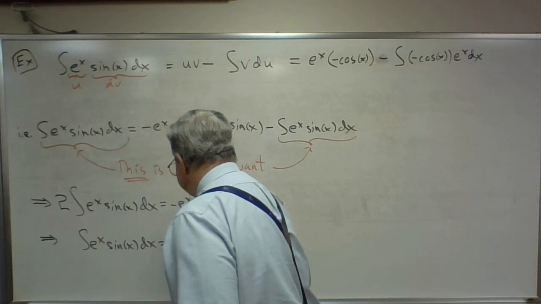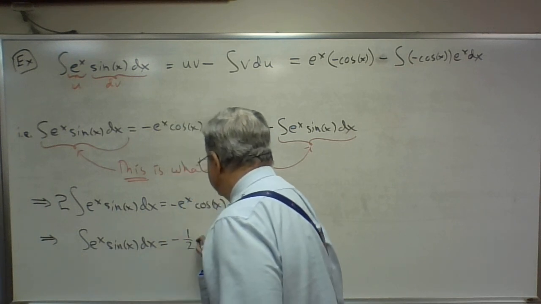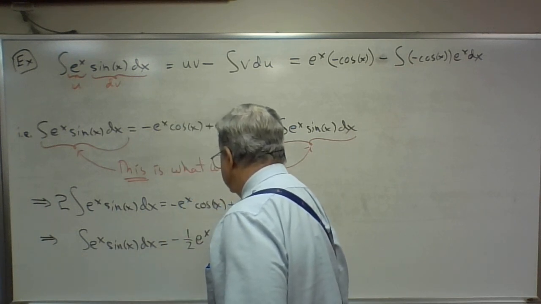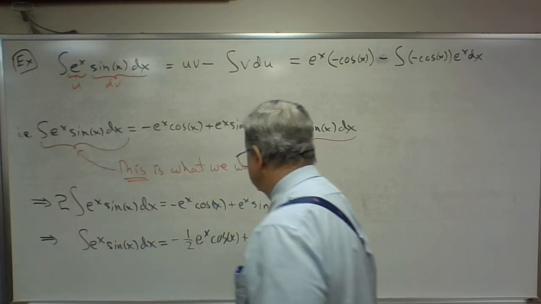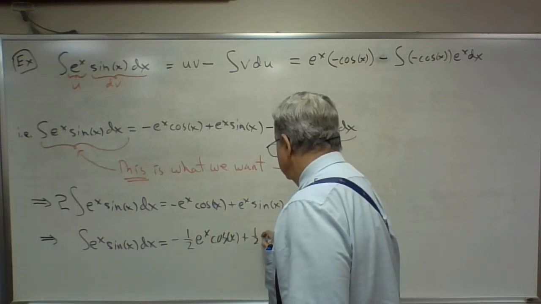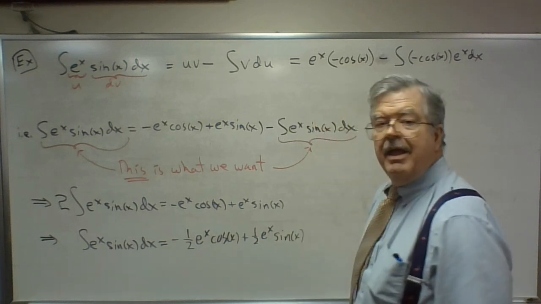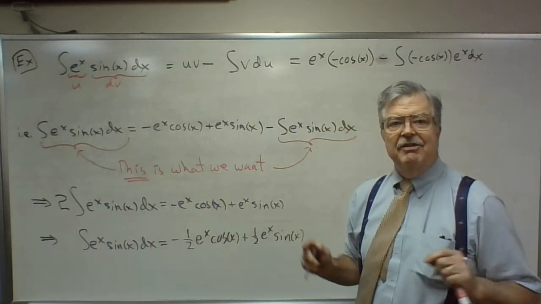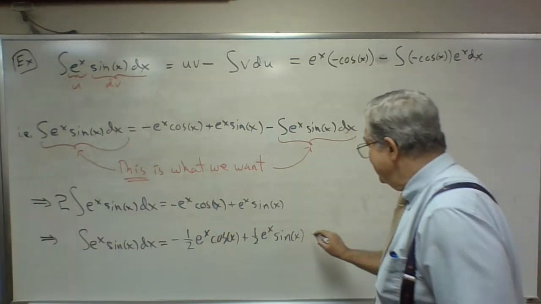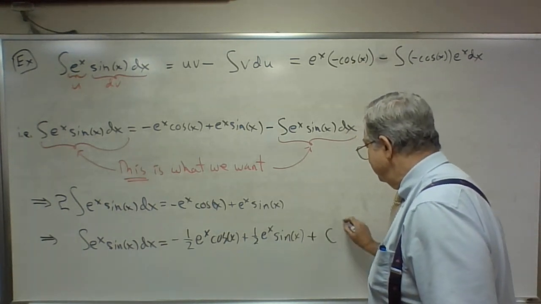Let's see if I understand what the word both means. And now to wrap it up in a nice wrapper and put a nice bow on it, we'll just add the plus c.